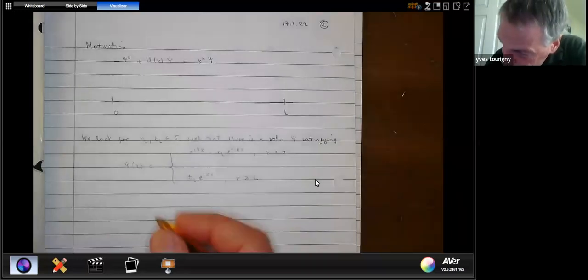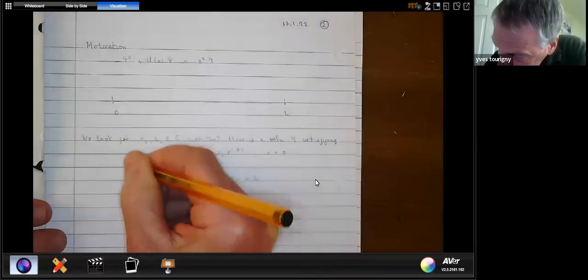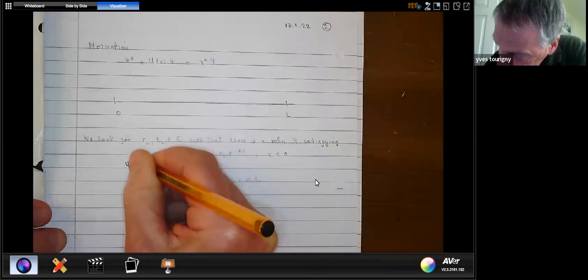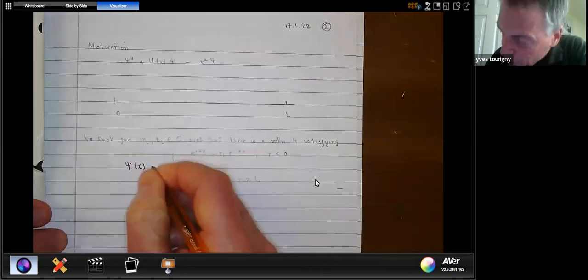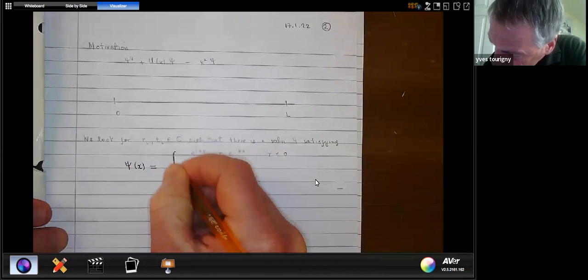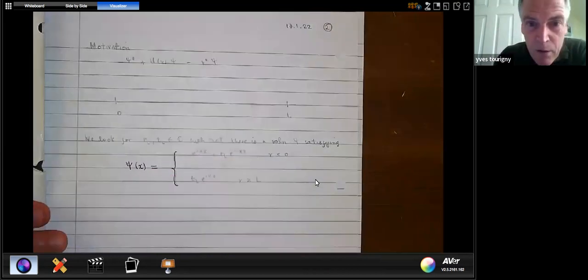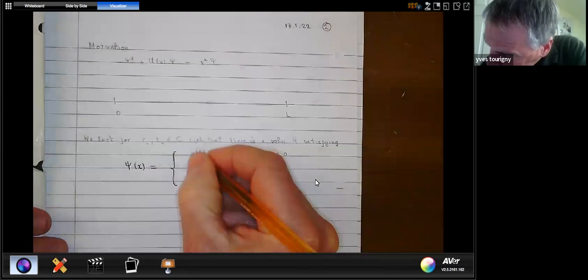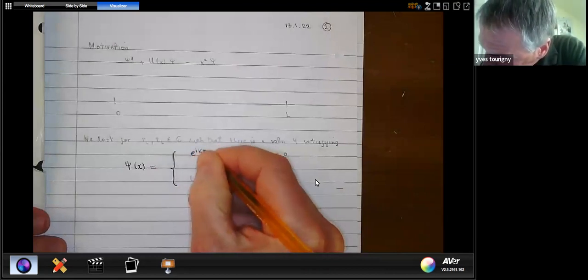So let's just see, maybe I can make that a bit clearer. What I'm considering here is a transmission reflection problem for a quantum particle in a potential. Let's just see, I'll make these formulae a little bit more clear.